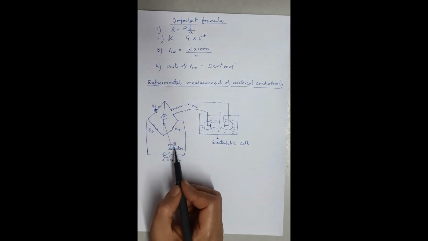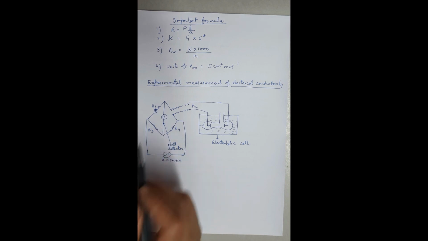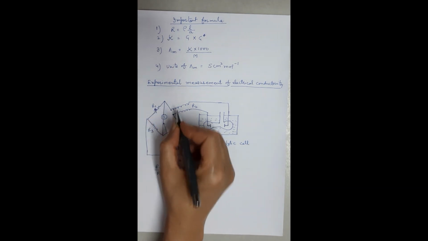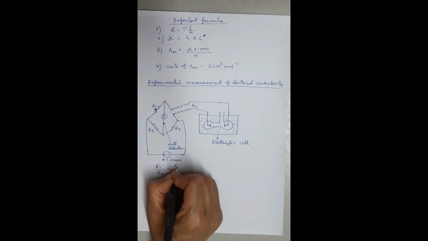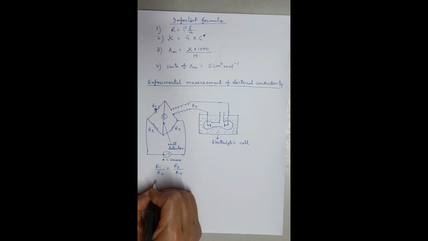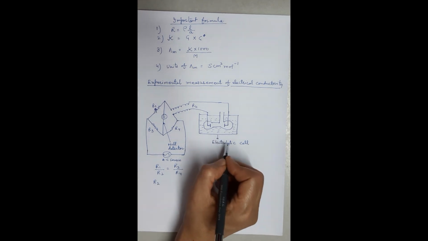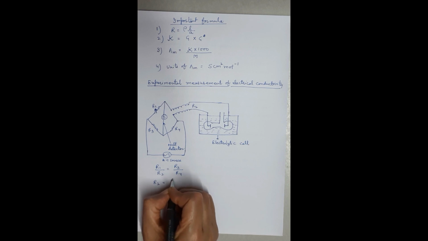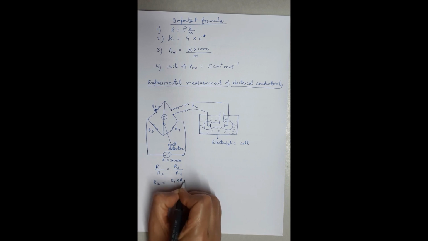This is called as null detector, and once this happens, according to the formula, you know that R1 upon R2 is equal to R3 by R4, and we can easily calculate R2. R2 is the resistance of electrolytic cell, so R2 is equal to R1 into R4 upon R3.